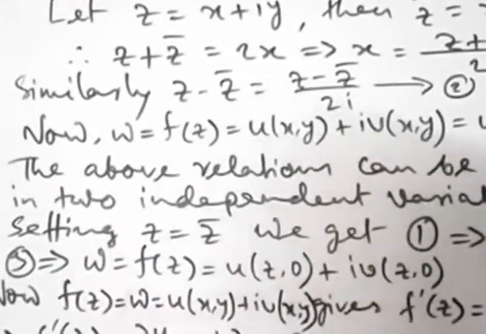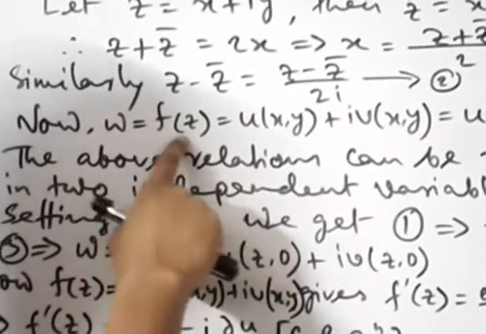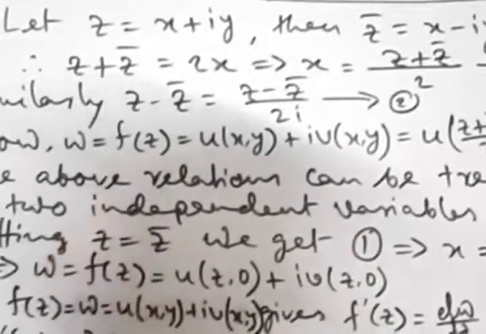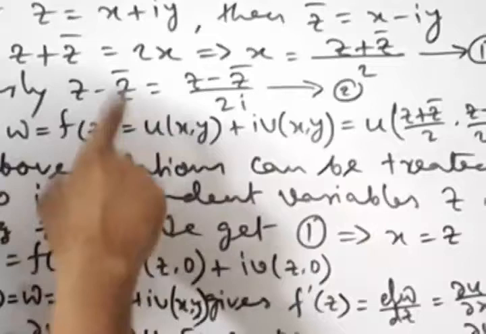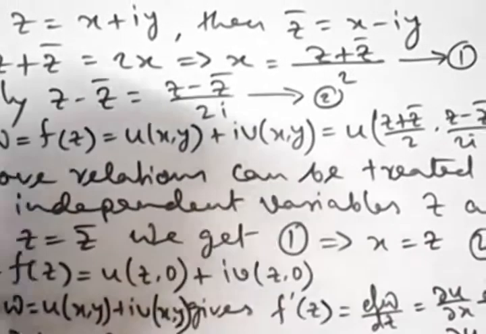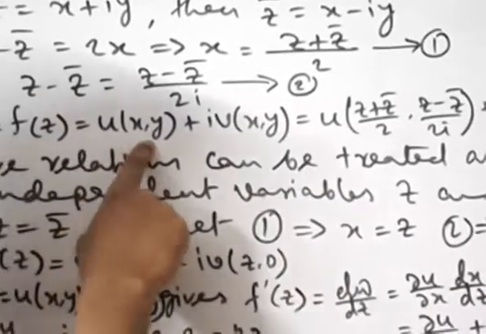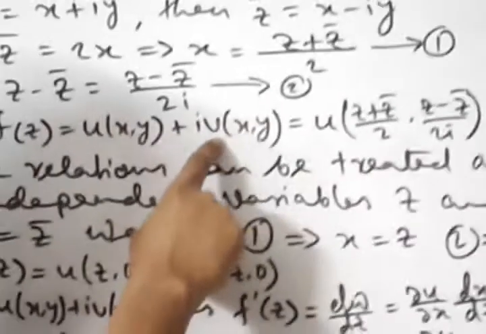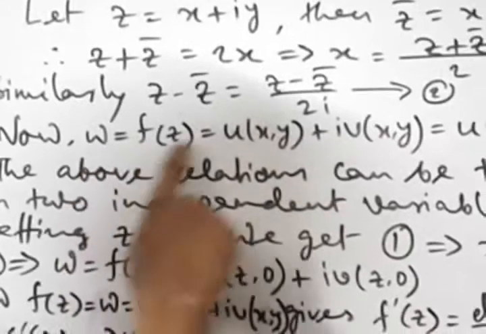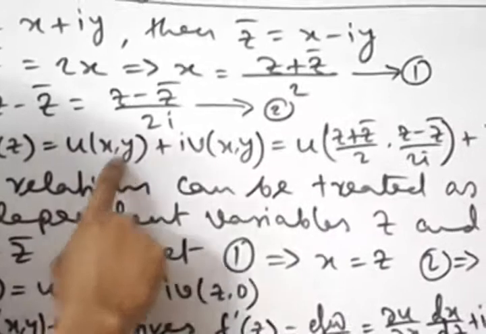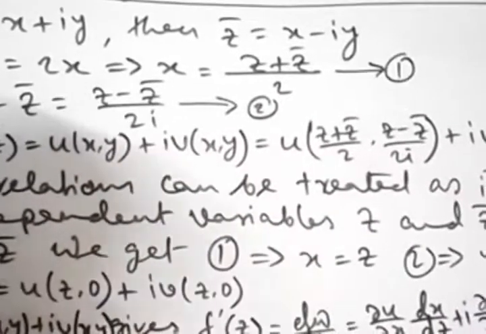And thirdly, we need to consider an analytic function, which is f(z). Say w is an analytic function which is considered as f(z). So f(z) is described as u plus iv. Here u is a function of x, y and v is also a function of x, y. So we can write w is equal to f(z) is equal to u(x, y) plus i v(x, y). Here u(x, y) is the real part and v(x, y) is the imaginary part.